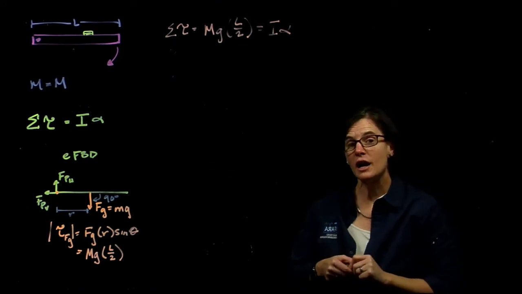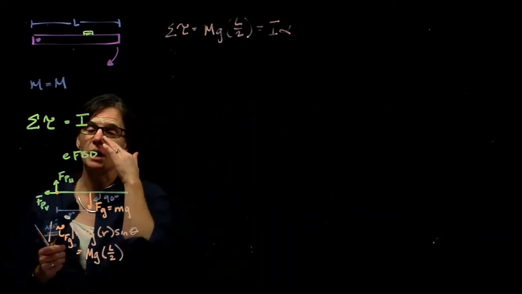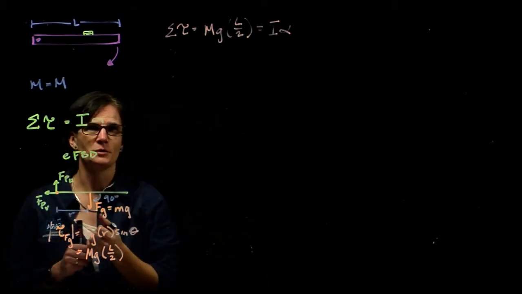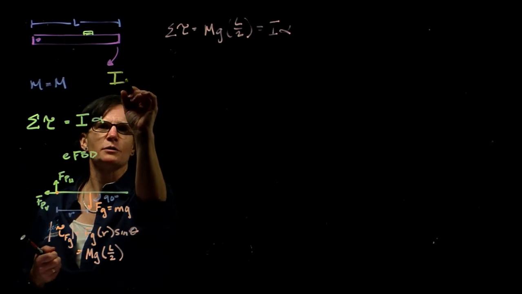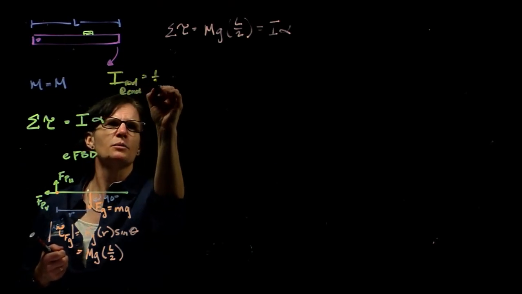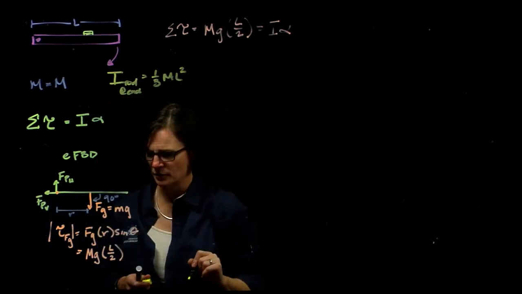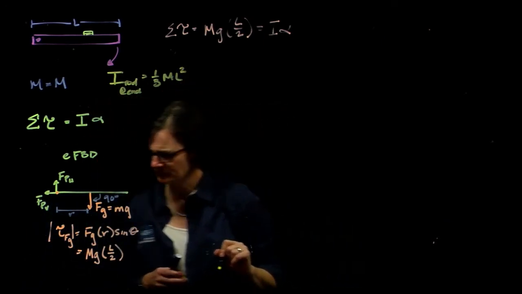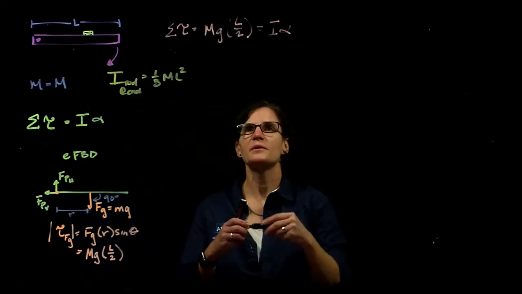We can look up the relationship for the moment of inertia of a rod rotating about one end. The moment of inertia of a rod about its end is equal to 1/3 the mass times the length squared. Let me double check that. Yep, 1/3 m L squared.